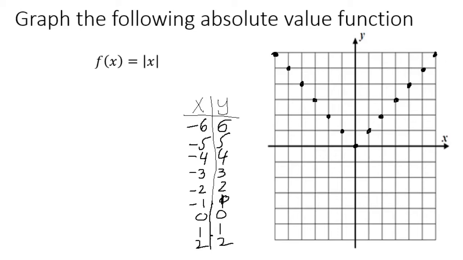And I'm going to make a line that connects these dots. And this is the absolute value function right here. And I'm going to make arrows at the top.